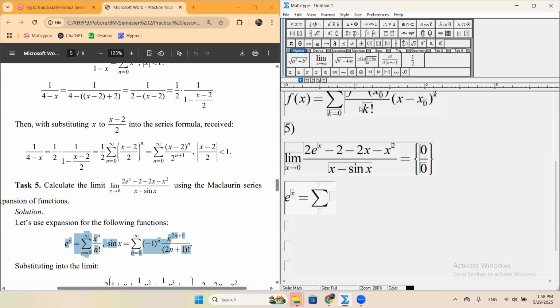The sum for n starting from 0 of x to the power of n over n factorial.